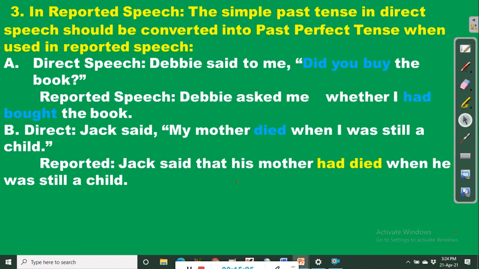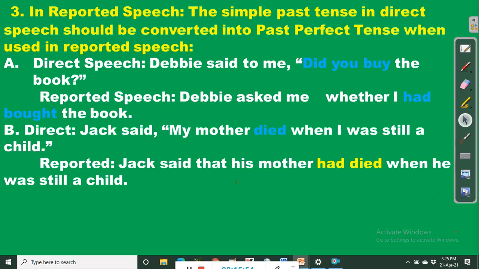Number 3, we will use the past perfect tense in reported speech. The simple past tense in direct speech should be converted into the past perfect tense when used in reported speech. If you are conversant with reported speech, you were taught in the lower classes, you were taught direct and indirect speech.